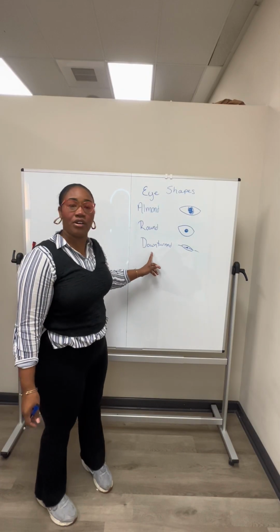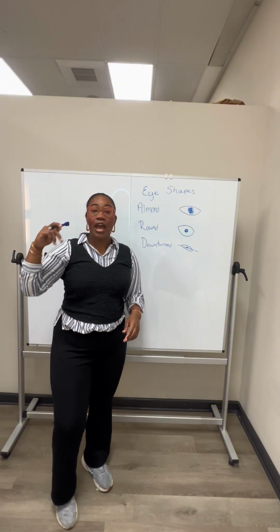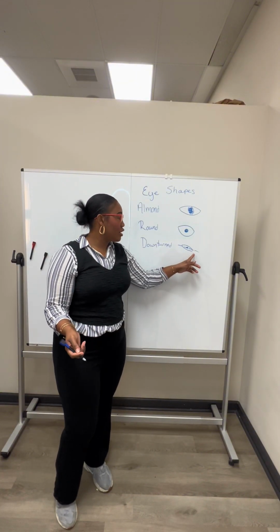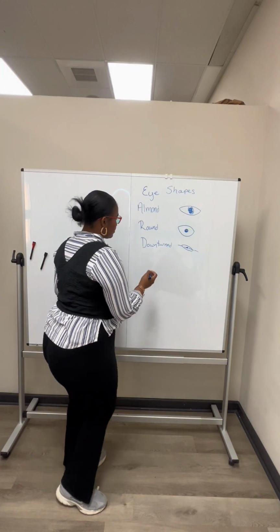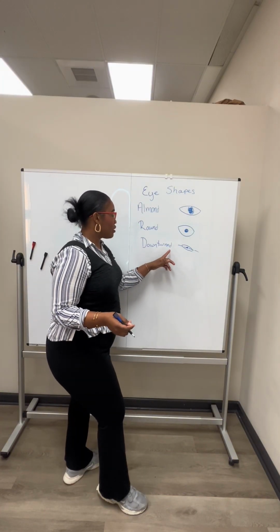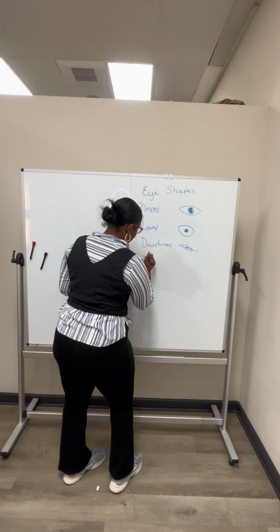Next, we have the downturned eye. I just put that line in the middle for the eye plane. As you can see, the outer corners actually go downward. And the opposite of a downturned eye is, of course, our upturned eyes.